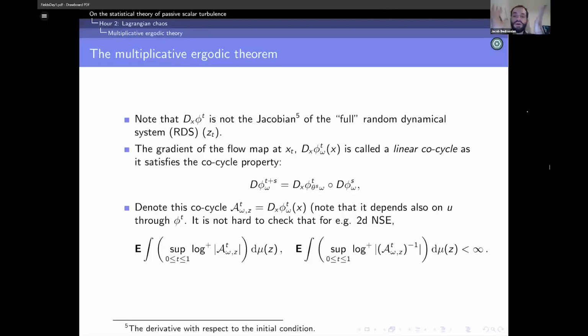It's something called a linear cocycle. Don't get lost in this composition. This is basically just the chain rule. It just says it's a linear operation that follows your Markov process and satisfies this particular type of chain rule, in a sense. This is what is called a cocycle in the random dynamical systems literature.